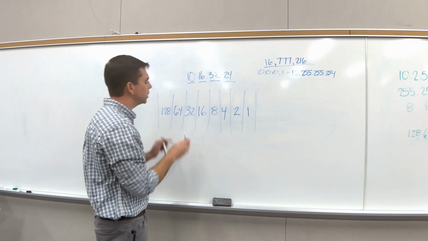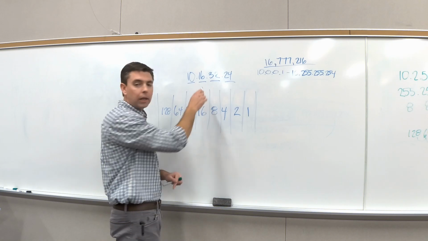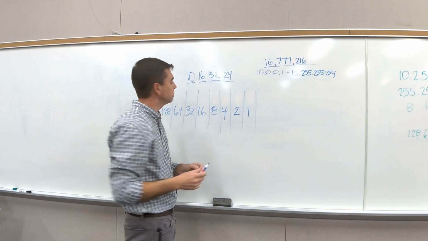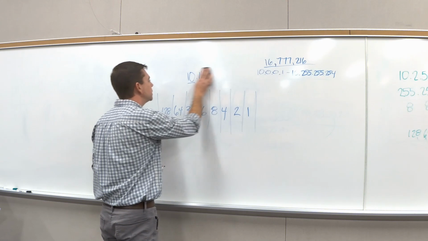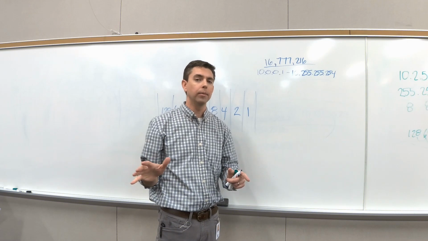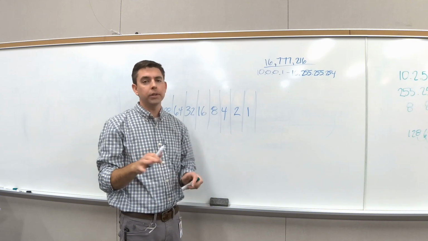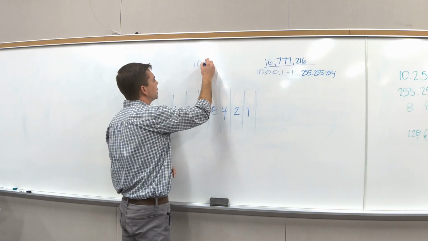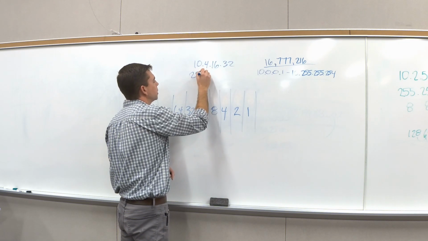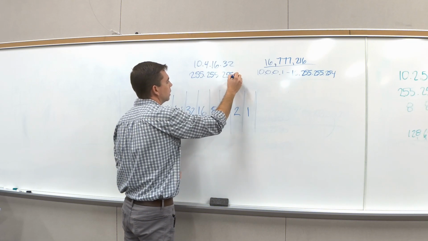All right? So this is just setting some base ground rules so you understand why we call it octets, why it's a 32-bit IPv4 range. All right, now let's get into the subnetting part. We're going to disassociate ourselves from IP addresses right now because mathematically, IP addresses don't have anything to do with the subnet mask. So for instance, we have 10.4.16.32 with a 24-bit subnet range like this.